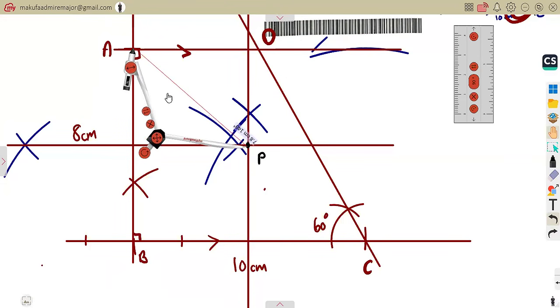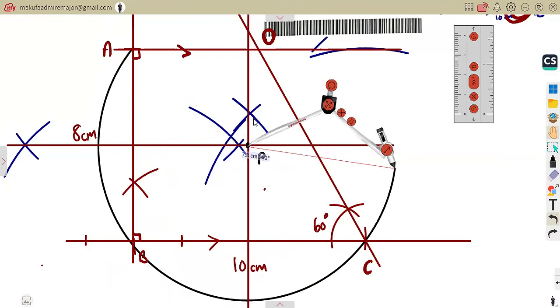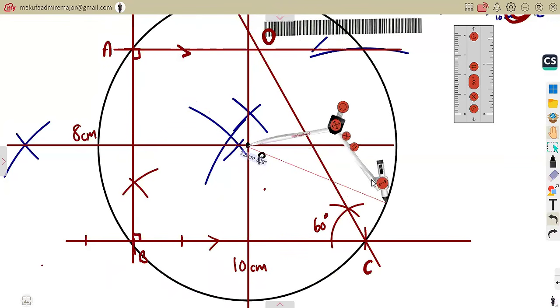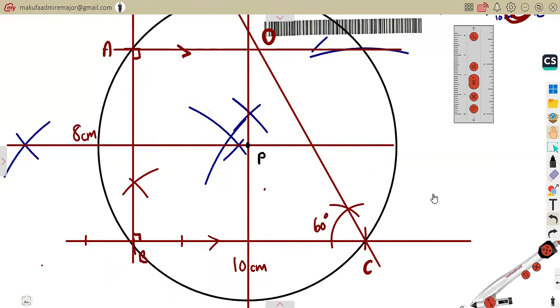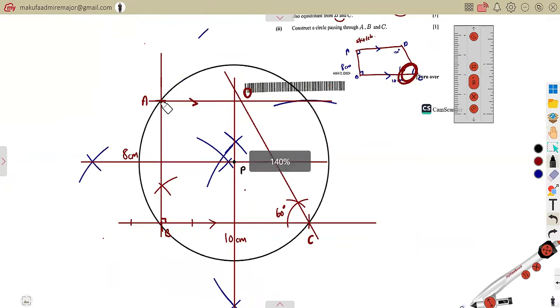With that distance that you've opened, guys, you can draw a circle. And you see that the circle is going to pass through the points that you are given that it must pass through: the point A, point B, and also the point C. So that was our circle.